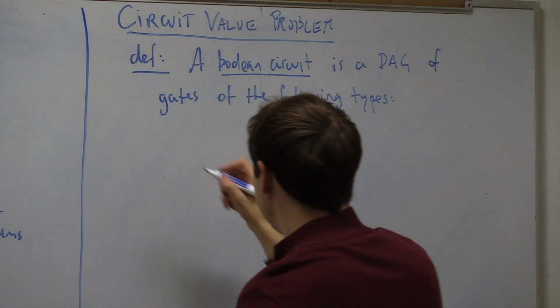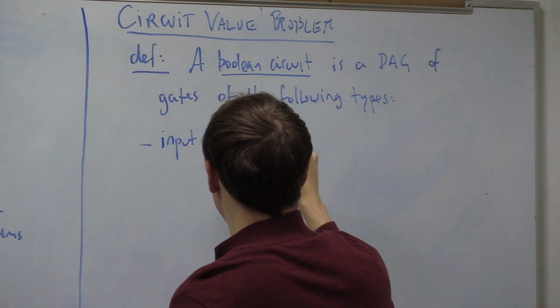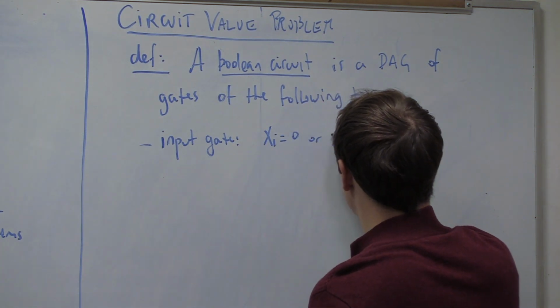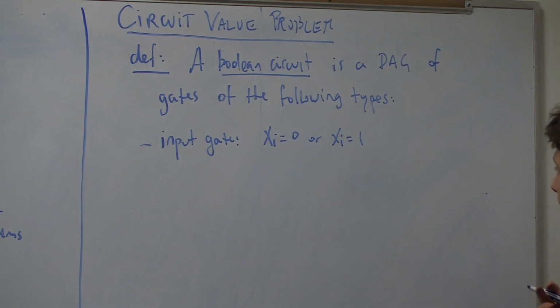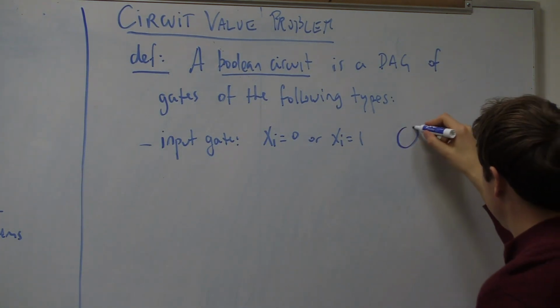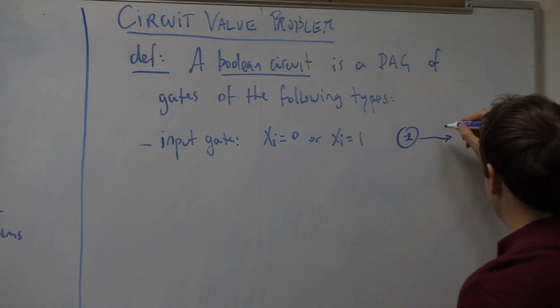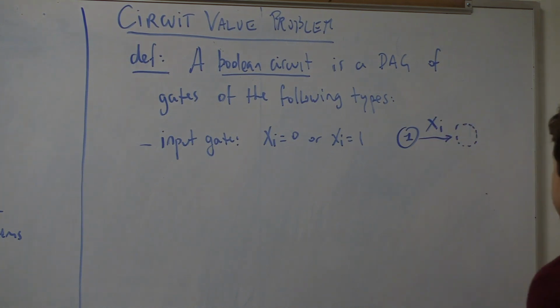You can either have an input gate that you can denote as either xi equals 0 or xi equals 1, depending upon whether that input gate has input 0 or input 1. One way you can think about it is that inside your graph you have a vertex labeled 1, and you have the variable xi that points into some other vertex.